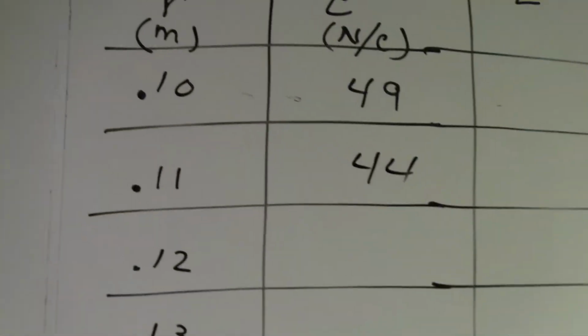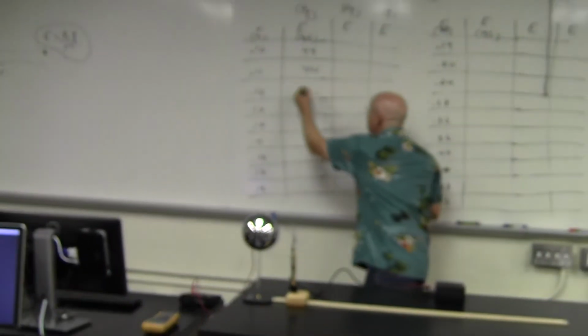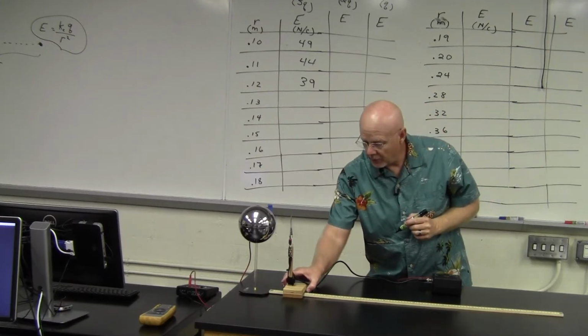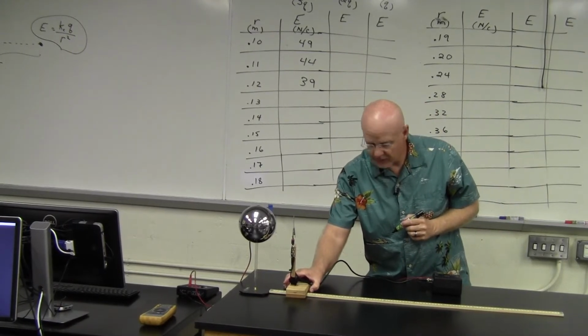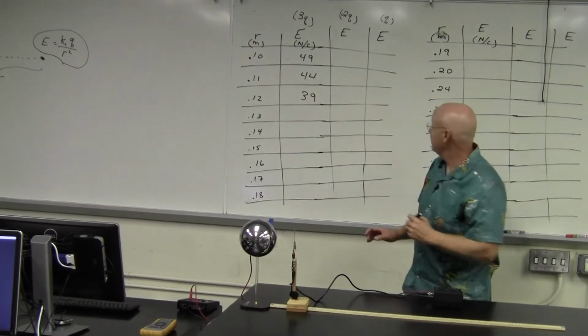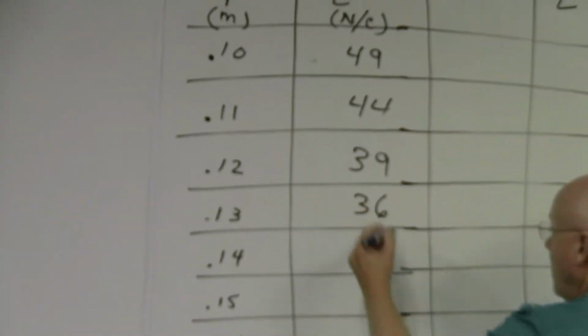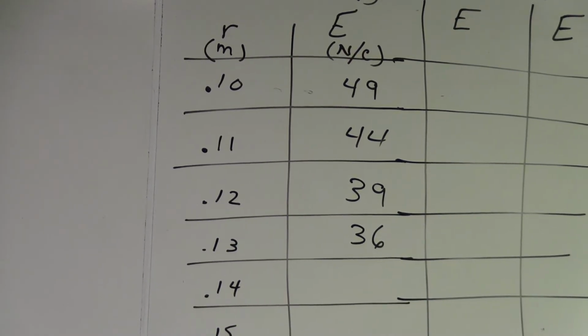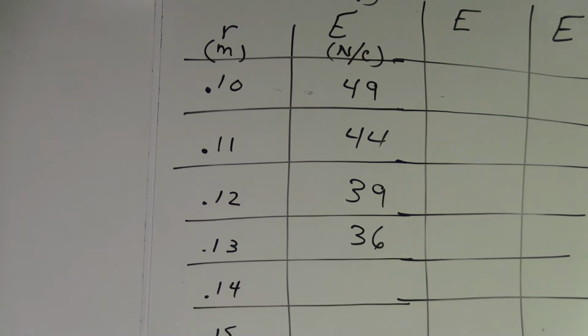And then I will go to 12 centimeters and get a 39. And then I will go to 13 centimeters and I will get about a 30, let's call it 36. And then I will go to 14 centimeters. 30, should I call that a 3 or a 4?